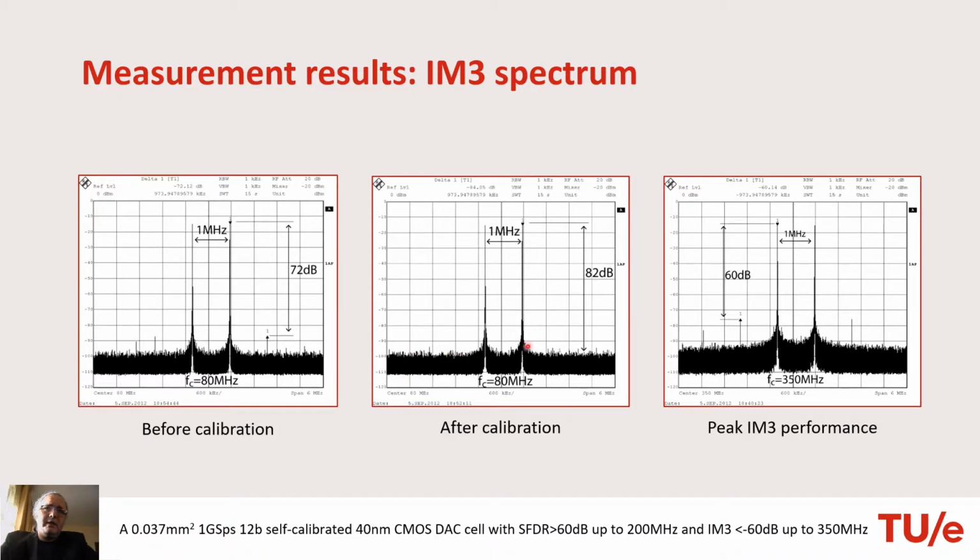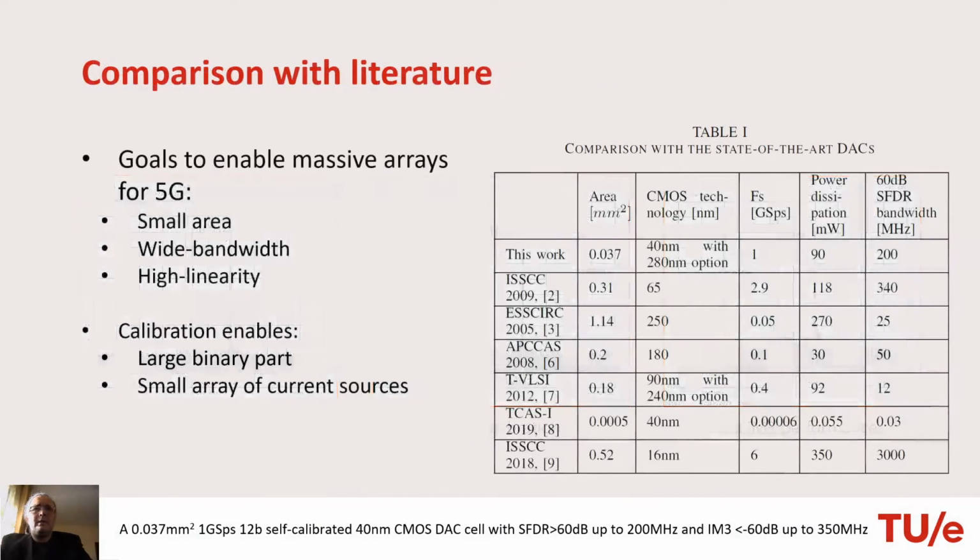See how clean the spectrum is after calibration. So this is at 80 megahertz, and if we push this to 350, which is kind of big performance for this D2A converter, we can measure IMD3 of about 60 dB around 350 megahertz. Then to compare with literature, I have this table.